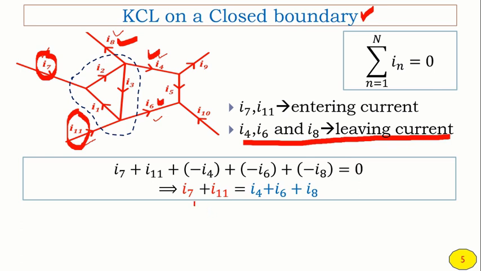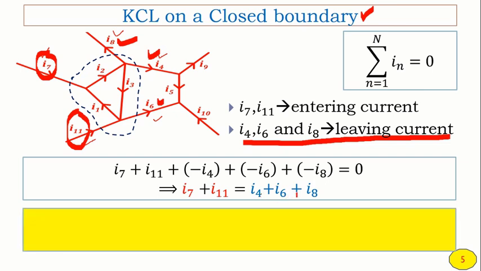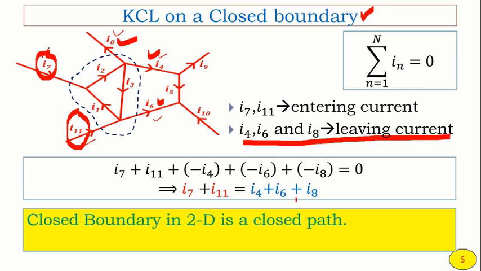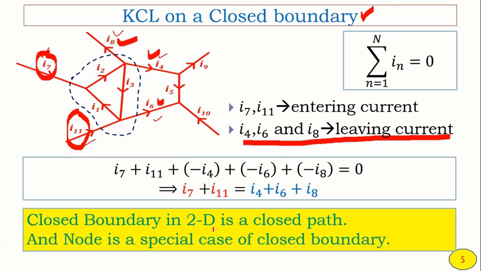Rearranging the equation, we get I7 plus I11 equals I4 plus I6 plus I8. Hence, closed boundary in 2D is a closed path and node is a special case of a closed boundary, since if we shrink this closed boundary, we get a point which is nothing but a node.